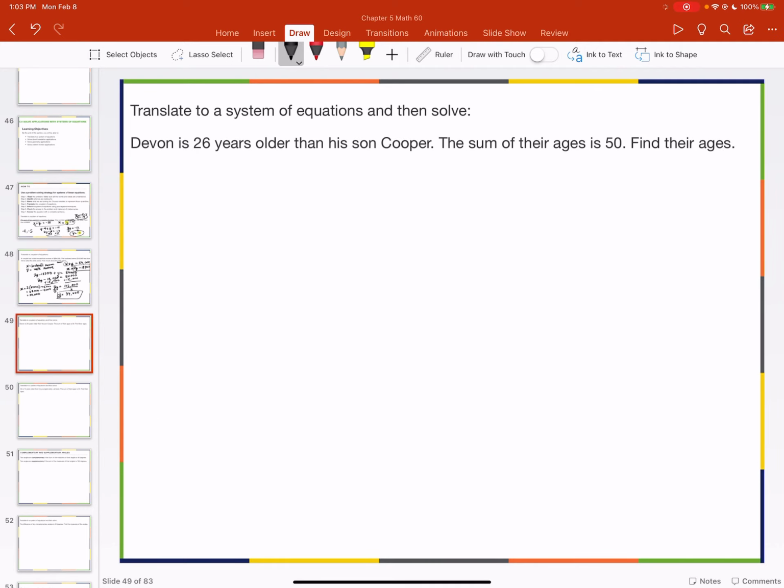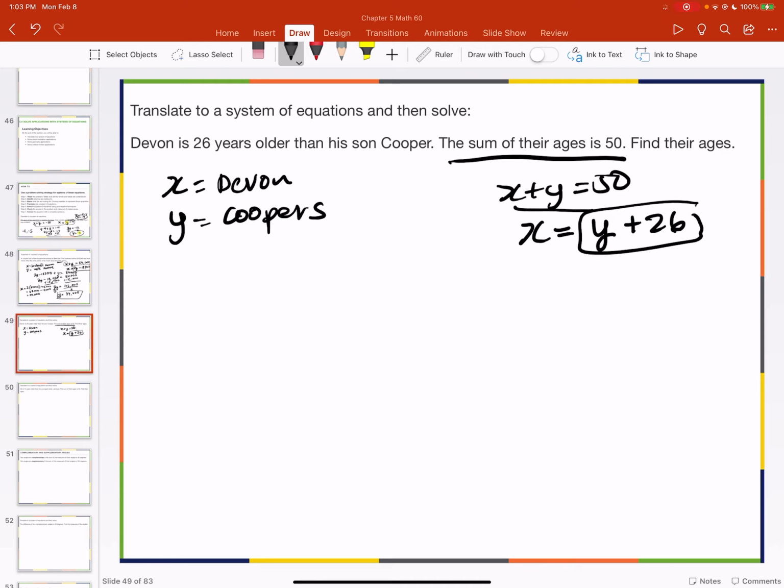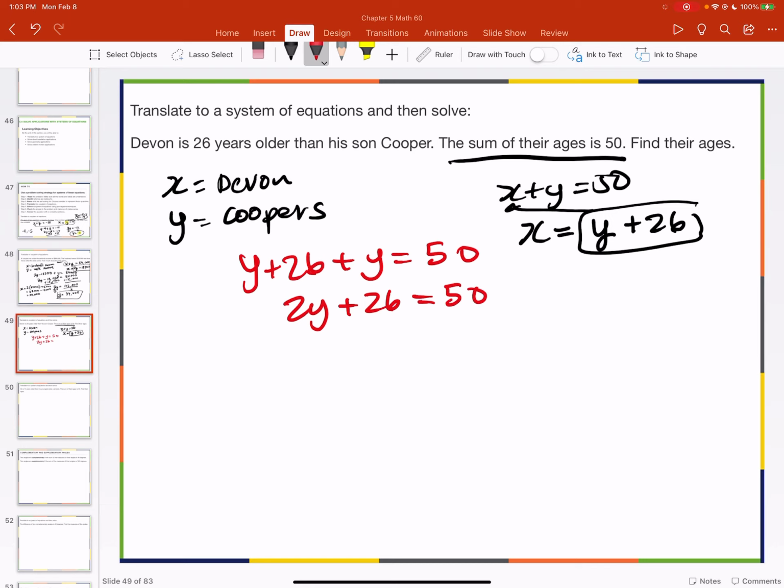Devin is 26 years older than his son Cooper. The sum of their ages is 50. So let's say x is Devin's age and y is Cooper's age. The sum of their ages is 50 and Devin is 26 years older than Cooper. So let's go ahead and do substitution. We get y plus 26 plus y is equal to 50. 2y plus 26 is equal to 50.